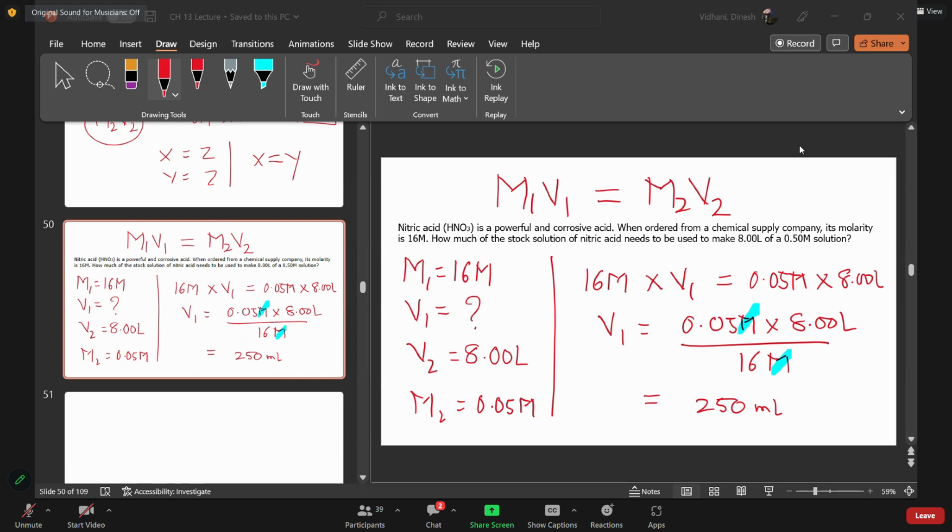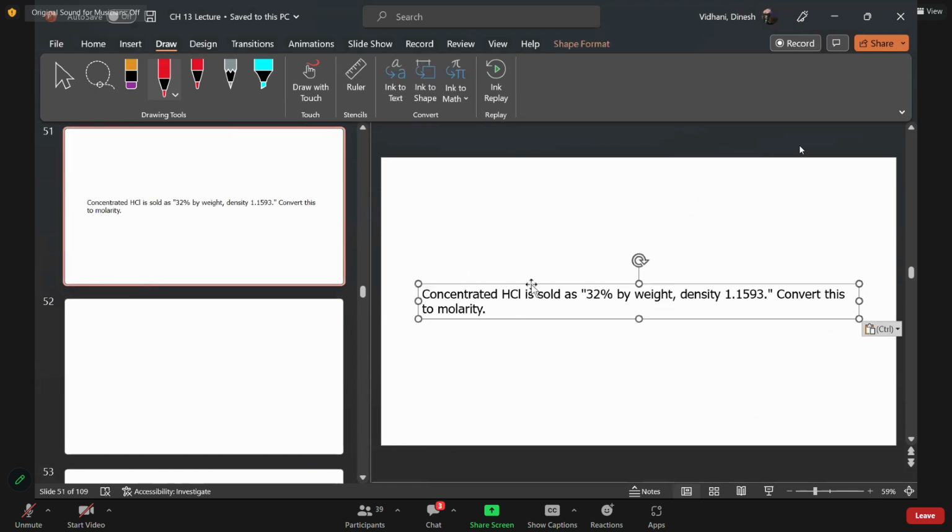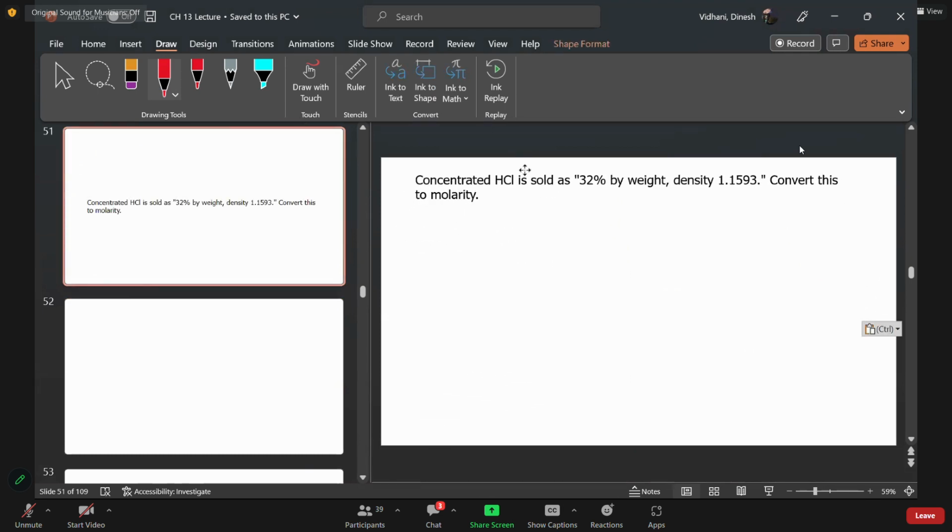Okay. So how about solving one more problem? Let's see if you guys can do this one. This is quite an interesting problem, a real world problem. You are given hydrochloric acid that you can buy from the stores, and you are given the mass percent of hydrochloric acid.